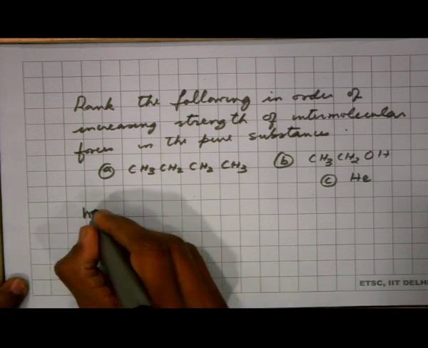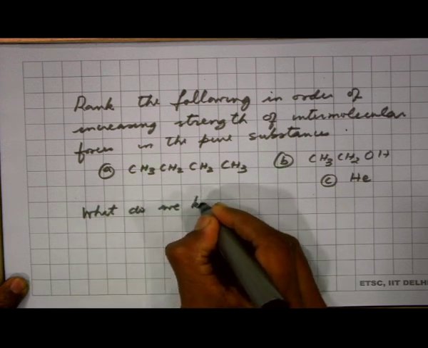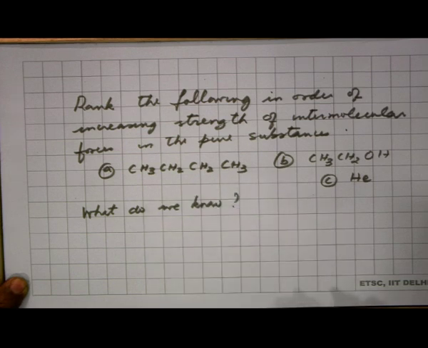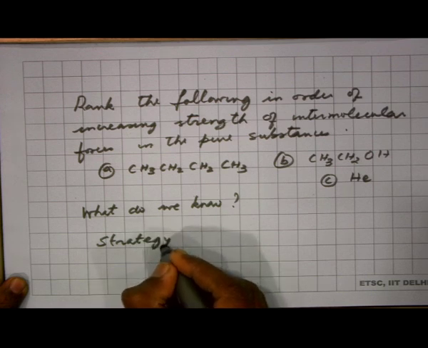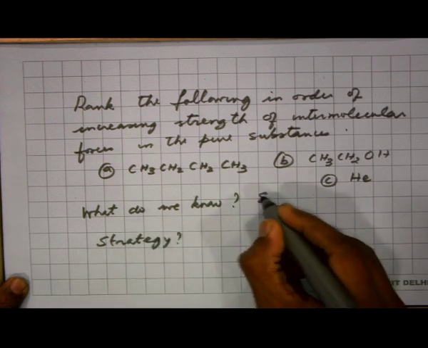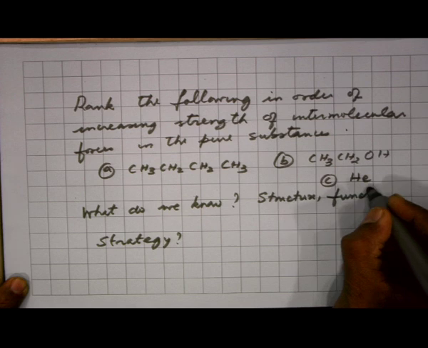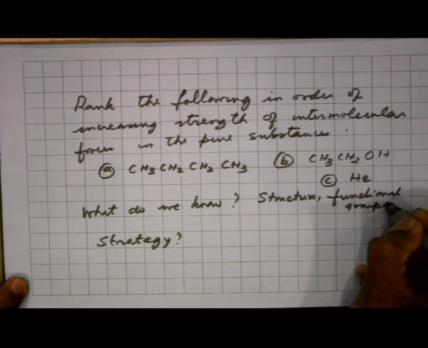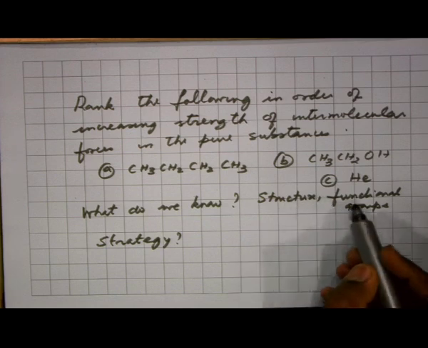So, again, the process we follow: what do we know? And strategy. So, we need to know its structure, functional groups, polar, non-polar, etc. Without that, you won't be able to proceed. So, you need to know the structure of the molecules.